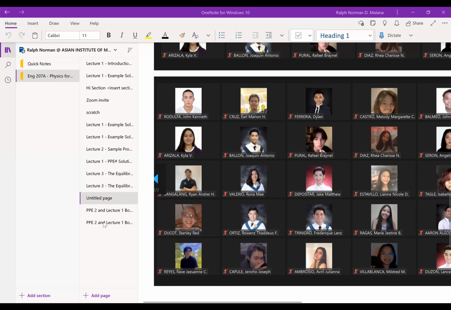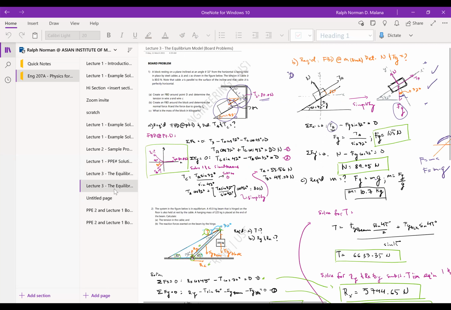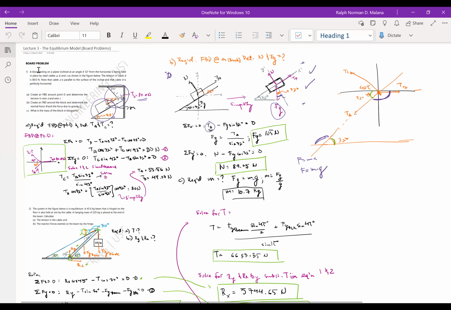Share natin yung OneNote. There we go. I believe I solved this. Yeah, I pre-solved this na so that parang mabilis tayo. I'll send this naman sa inyo later. Are you able to see my screen na here?